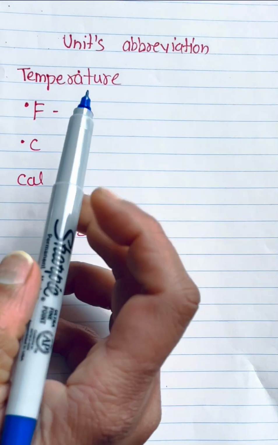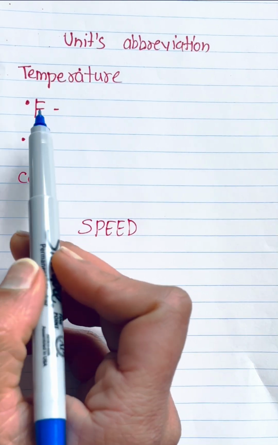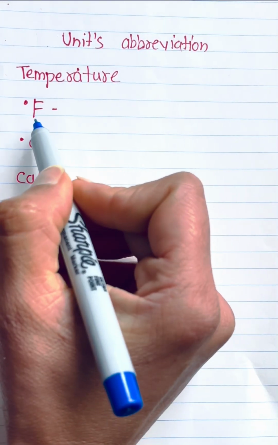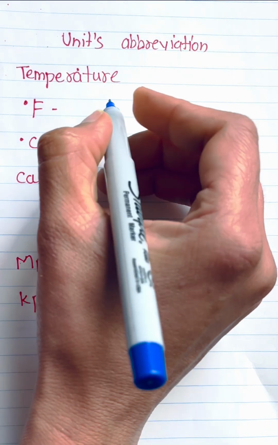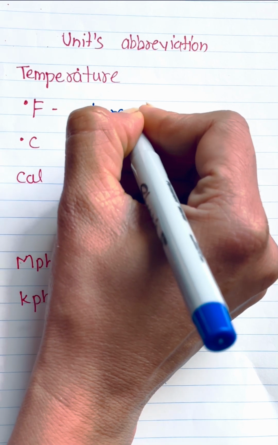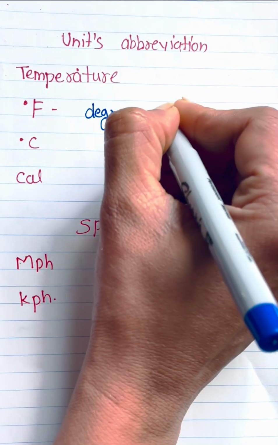In our units abbreviation, today we are going to learn about temperature and speed units and their abbreviations. Okay, so degree F is degrees Fahrenheit.